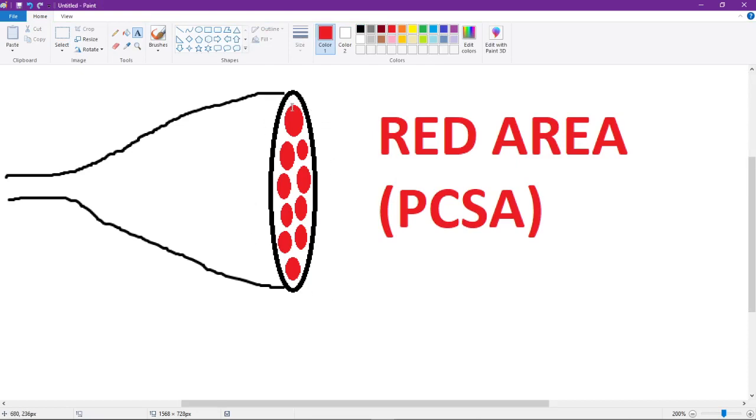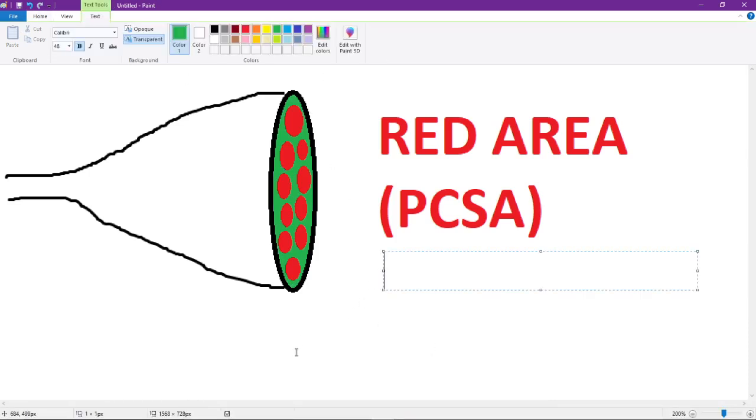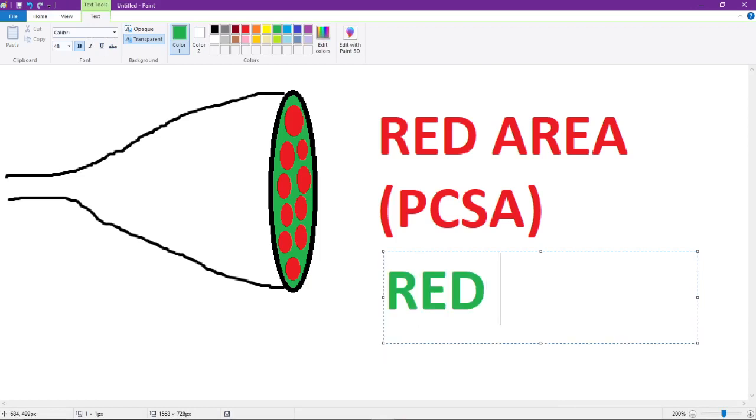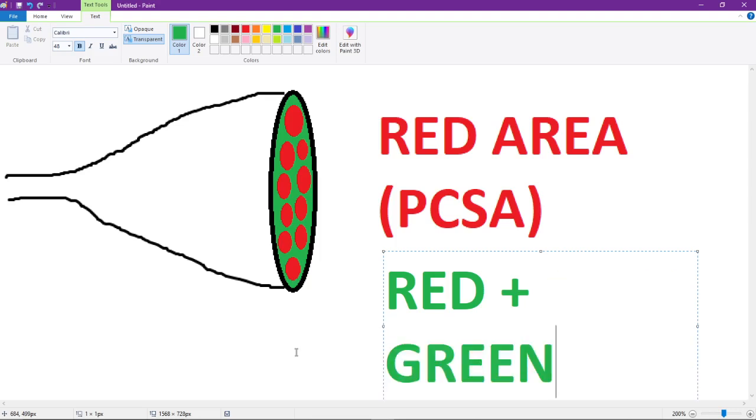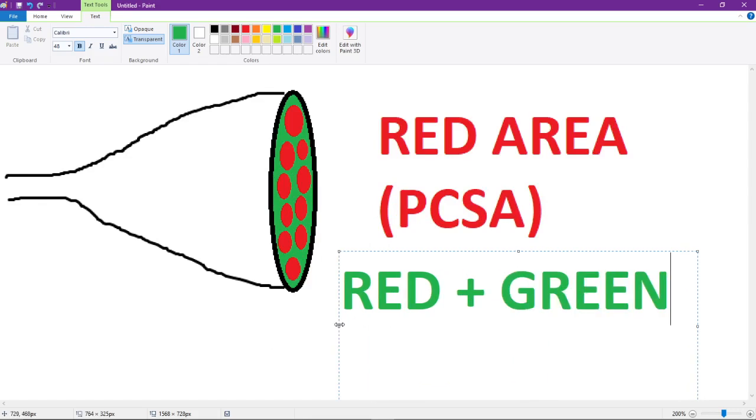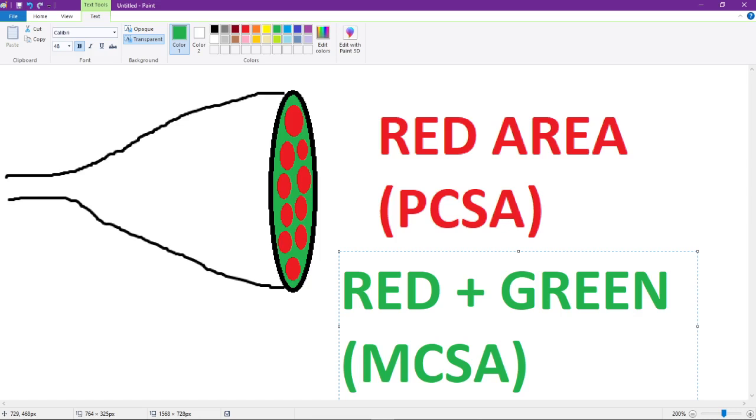So if I take the area around it also, and I am taking like green color for this. Suppose now I am taking the red color plus the green color, the green area I should say, the red area and the green area, then whole of this area will be called as the morphological cross-sectional area.